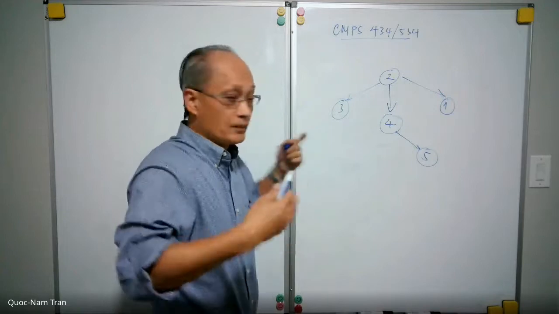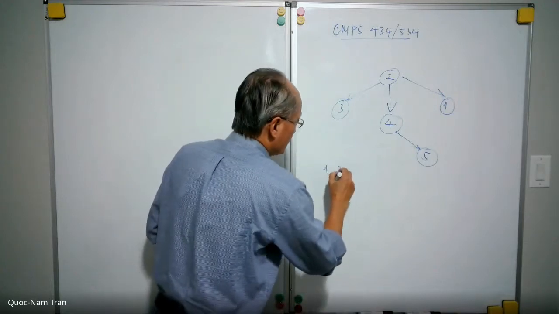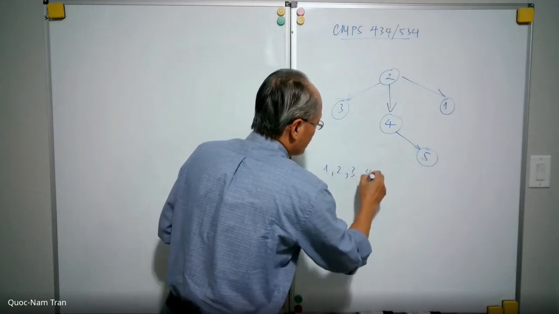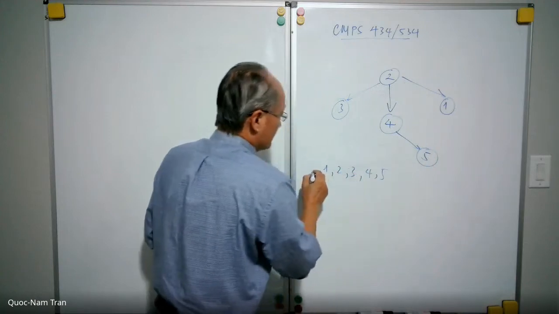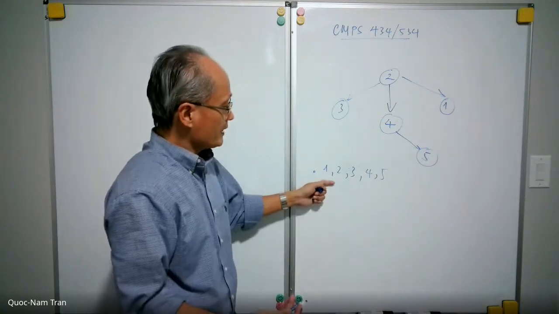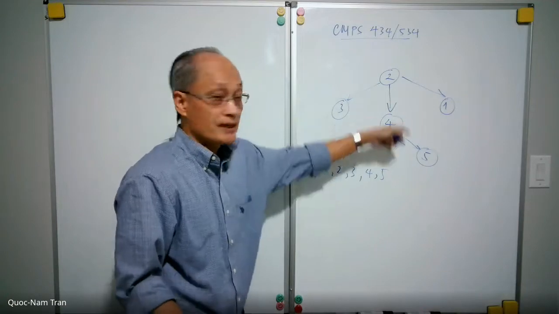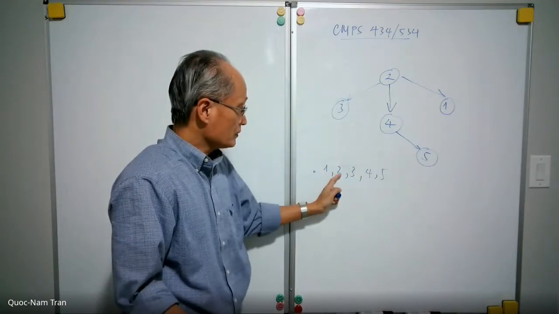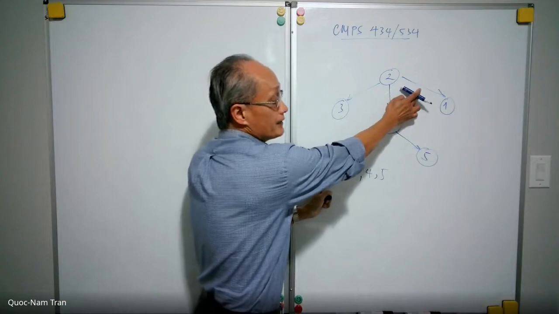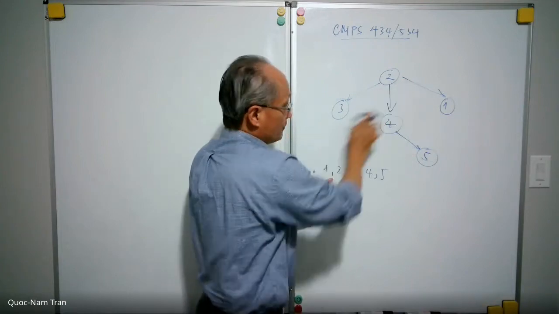We check all possibilities. That is 1, 2, 3, 4, 5. We list this one out, and then we check to see if there is any violation of the constraints, right? 1, 2, we have a violation right here, because 2 has to be on the left of 1.